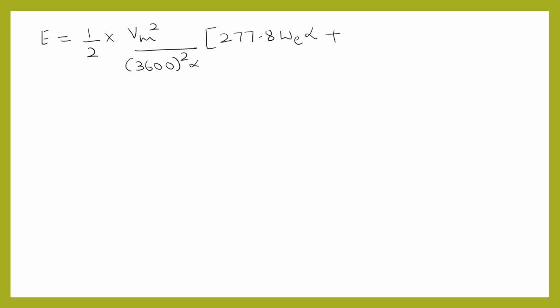That is E is equal to half into Vm square by 3600 square alpha into 277.8 We alpha plus Wr, plus Wr D dash by 3600 in kilowatt hour.